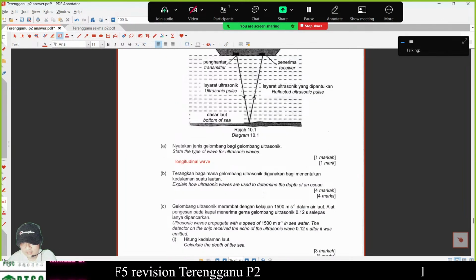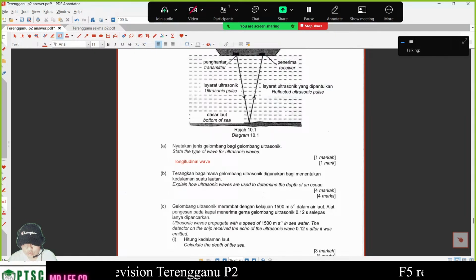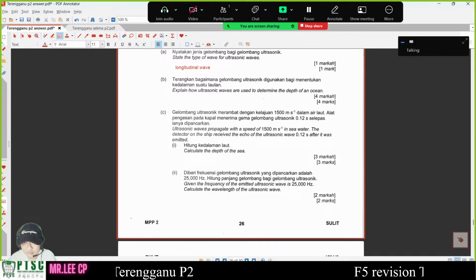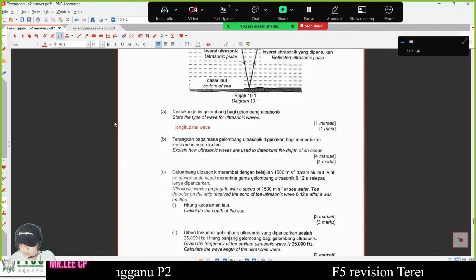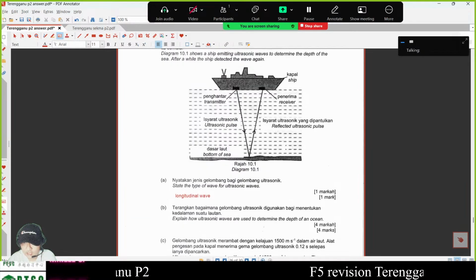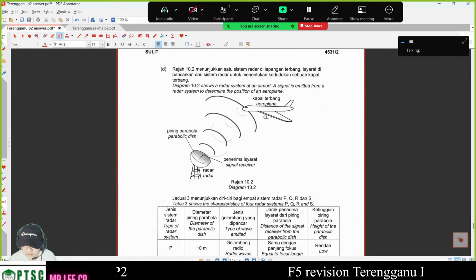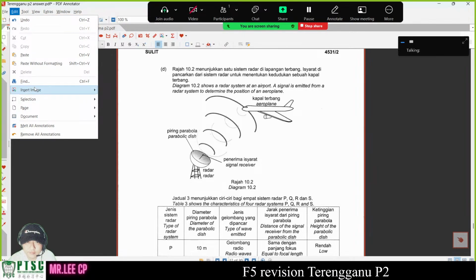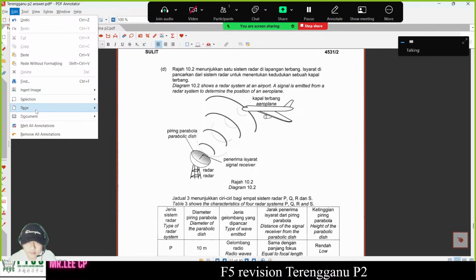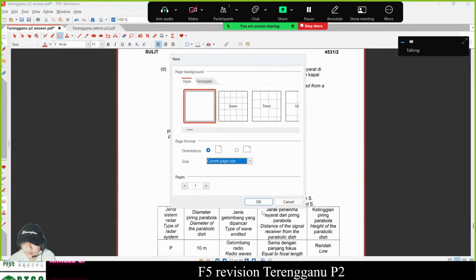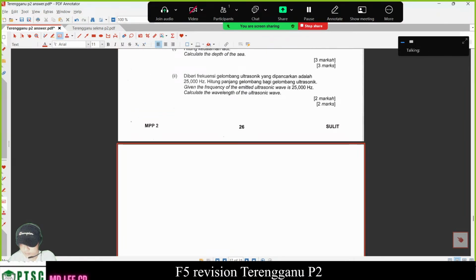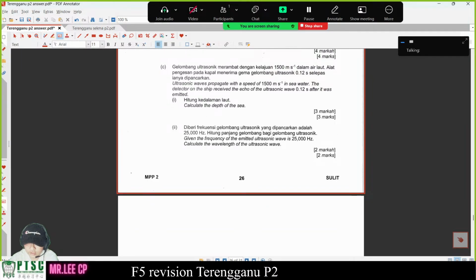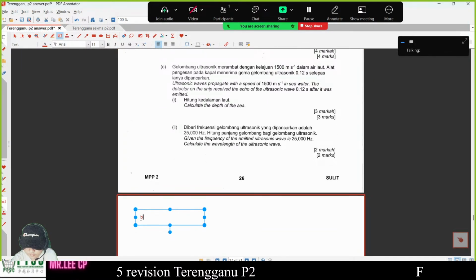Explain how the ultrasonic waves are used to determine the depth of the ocean. All right, we do quite a few times of this kind of question. Not enough space. All right, I try to do it here. So explain how ultrasonic, okay? 4 marks.